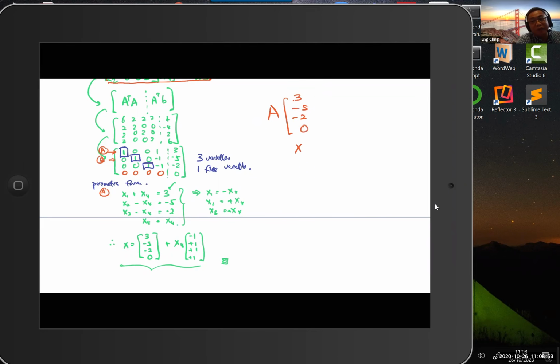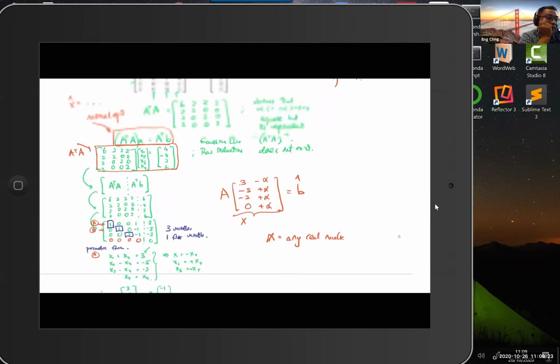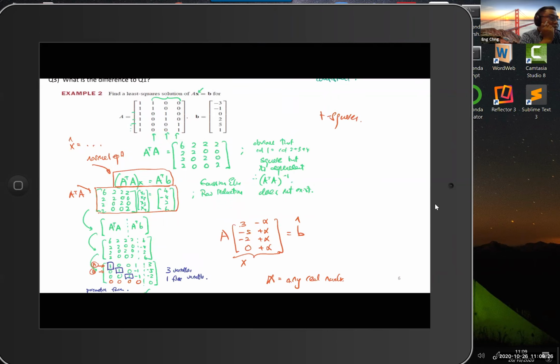Now, if you want to be clever, you would write it as minus alpha, plus alpha, plus alpha, plus alpha, where alpha is any real number. You realize that AX equals B hat. This will be the solution that we are looking for. Okay. Anyone?